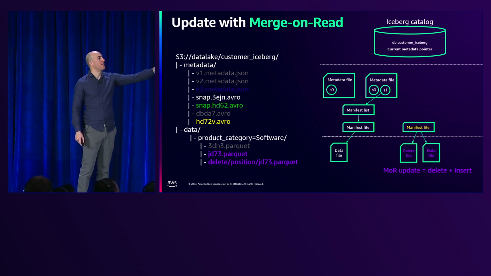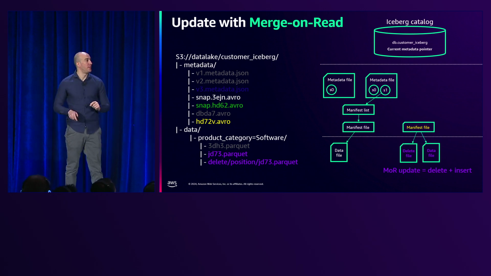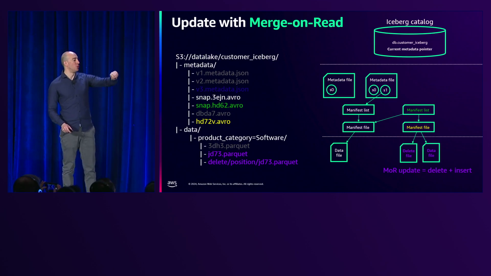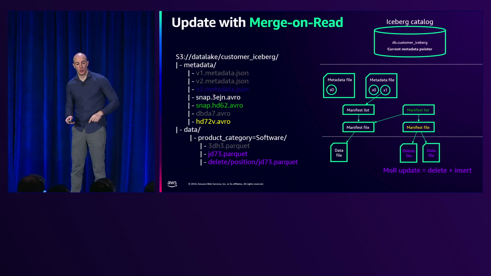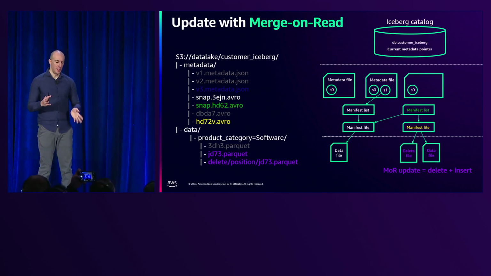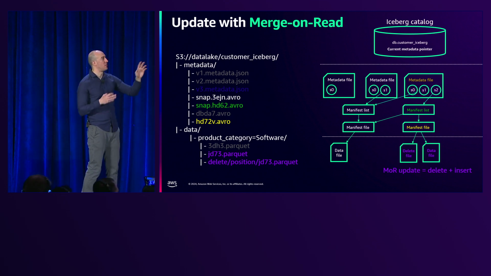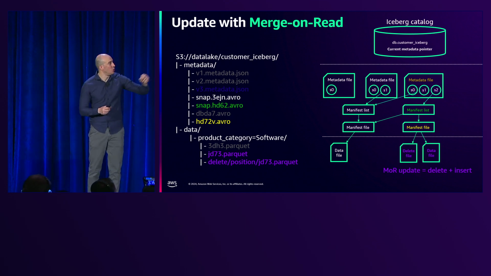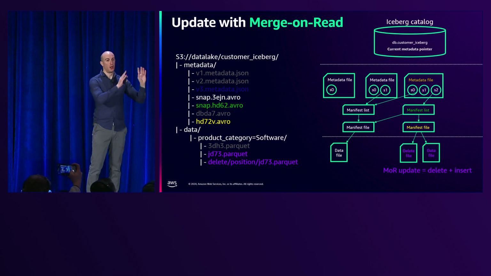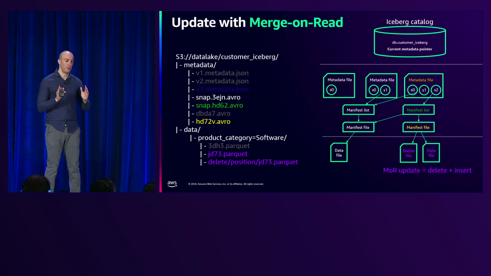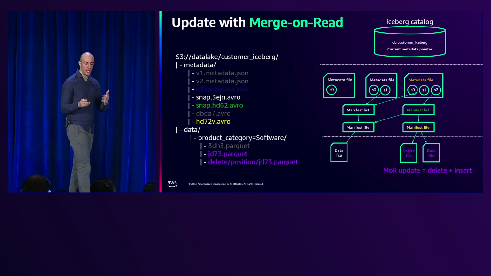Iceberg now creates a manifest file that points to both of them, and a manifest list that now points to the older manifest list and to the new one. And finally, a metadata file that points to the new manifest list. All of this happens behind the scenes. However, one of the main takeaways is that Iceberg supports both merge on read and copy on write.